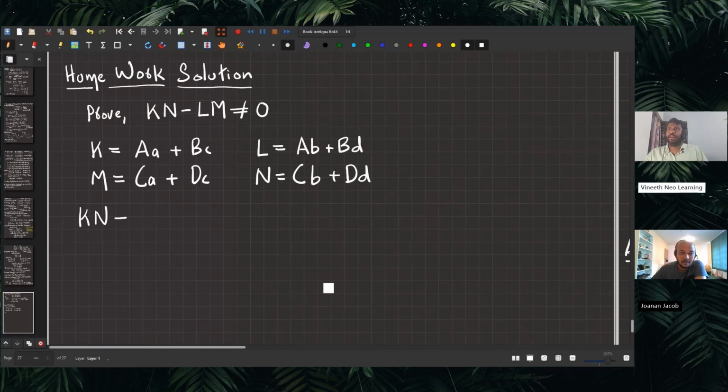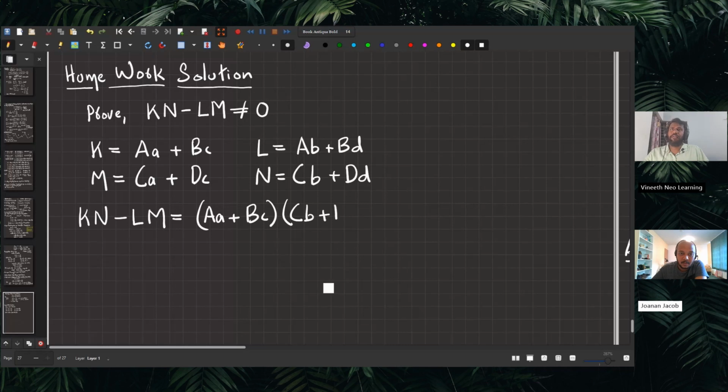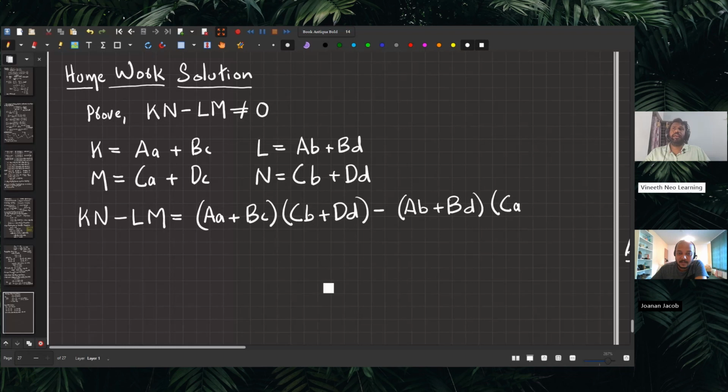kn minus lm equals a times small a plus b times small c, times c times small b plus d times small d, minus a times small b plus b times small d, times c times small a plus d times small c.